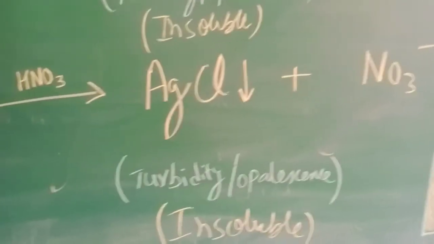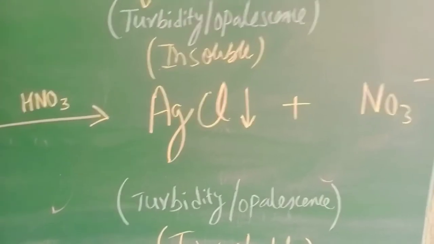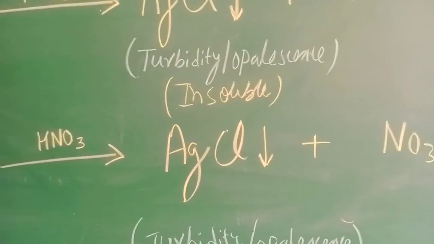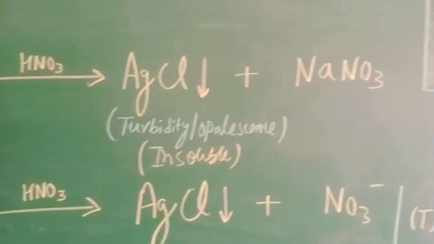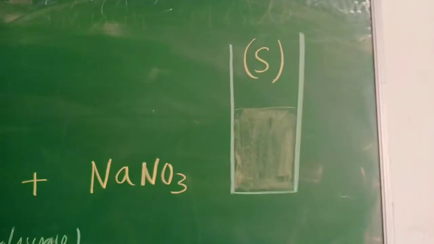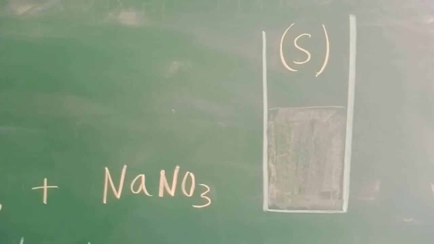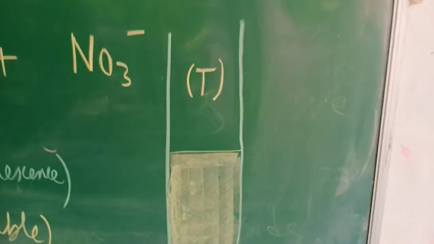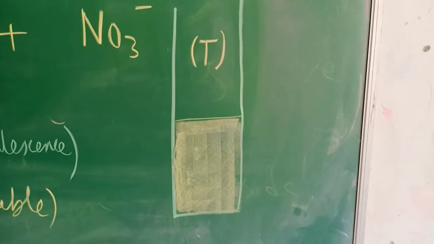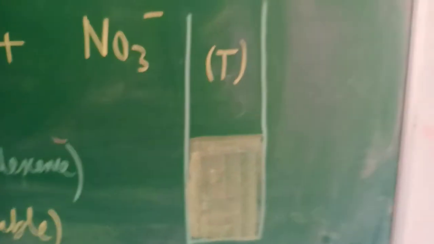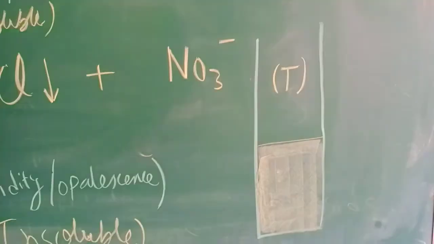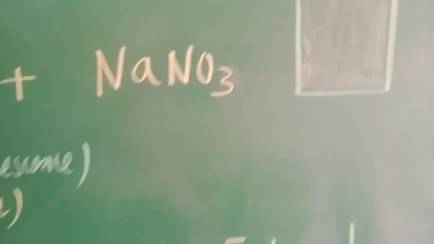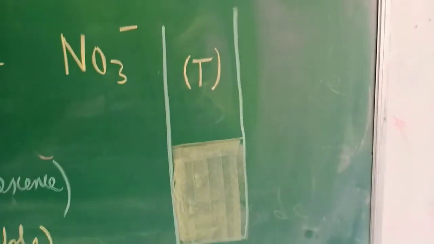Now, in order to justify this, or in order to explain things a bit better, I here prepared a standard solution which I marked as S, and a test solution which is marked here by T. So here we can see that both these solutions are turbid in nature.